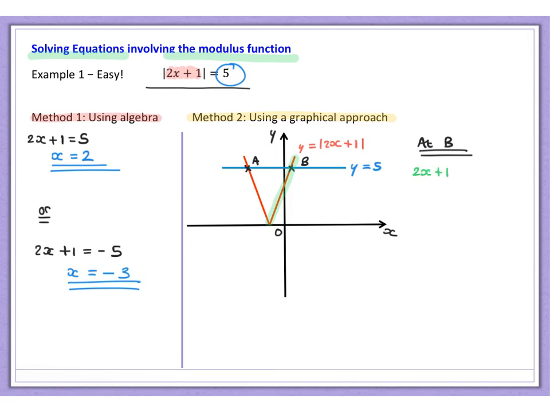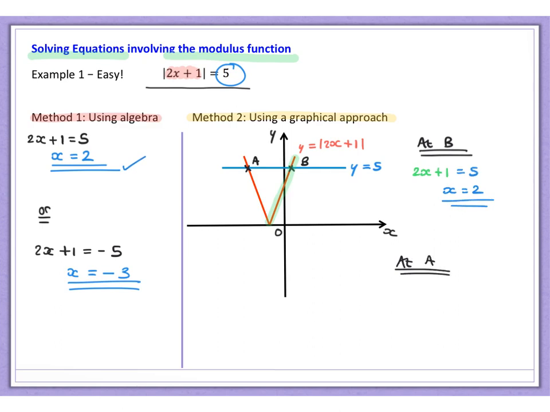And that is equal to 5. So at B, we're solving the equation 2x plus 1 equals 5, which of course gives us x equals 2, which we've seen before.